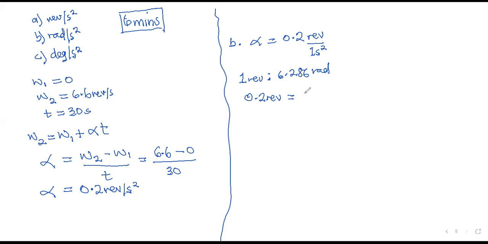So if less, more divide. So 0.2 revolution divided by 1 rev times 6.286. And what is 0.2 times 6.28?